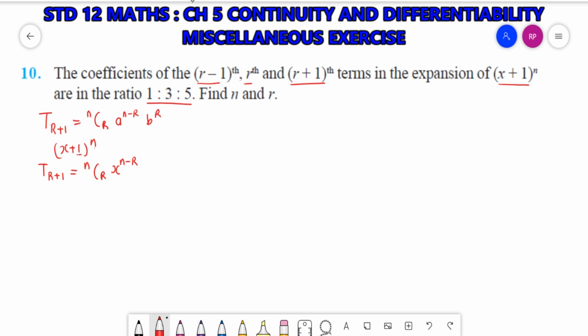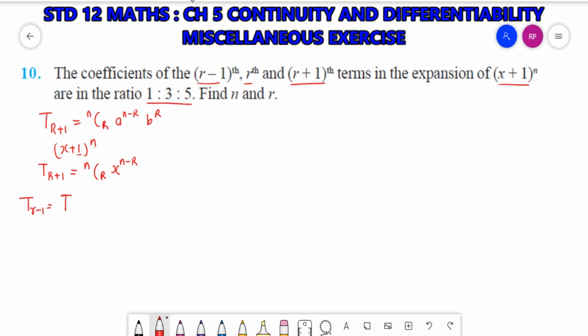Clear? Now for the T(r-1)th term. Sorry, my mistake here, I need to arrange it as plus 1.